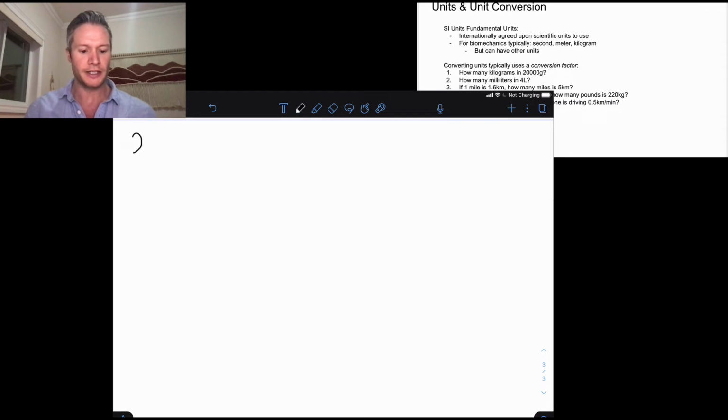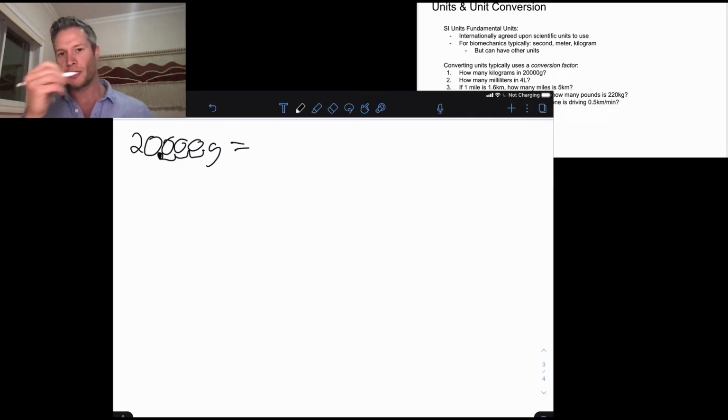One is we can write out 20,000 grams, and if we're trying to work to kilograms, we use that little tool that we're taught in school, where we go 1, 2, 3 over, move the decimal place over, and we can arrive at the conclusion that we have 20 kilograms. That's great.